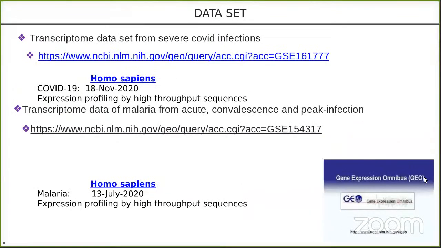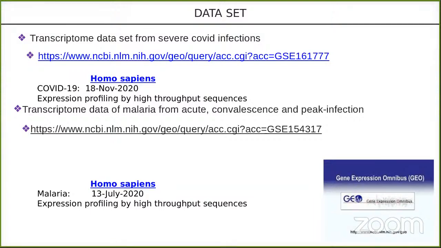For our data set for this project, we have a transcriptome data set for severe COVID-19 infections, which is 1. This data set consists of expression profiles from high throughput sequencing. Our second data set, which will be a comparative one for the SARS-CoV-2 infection, is the data for malaria.